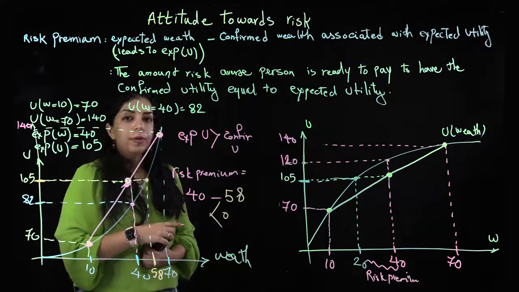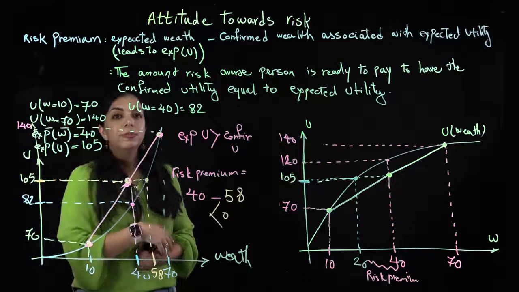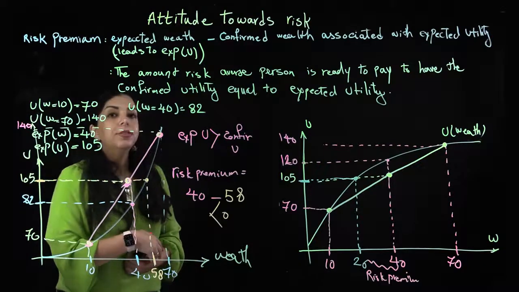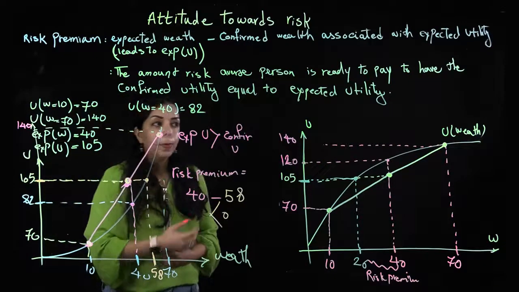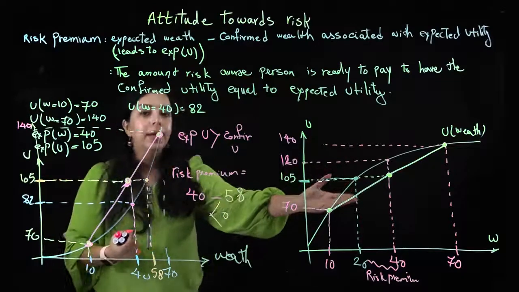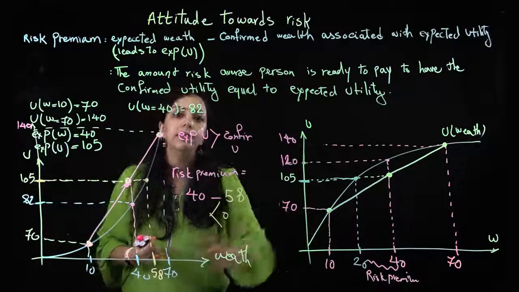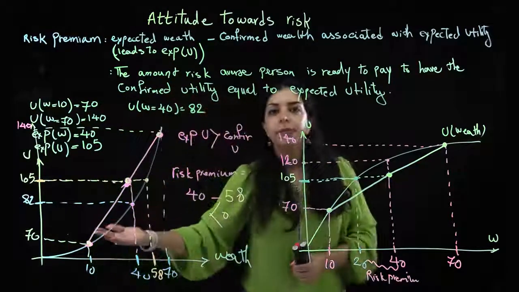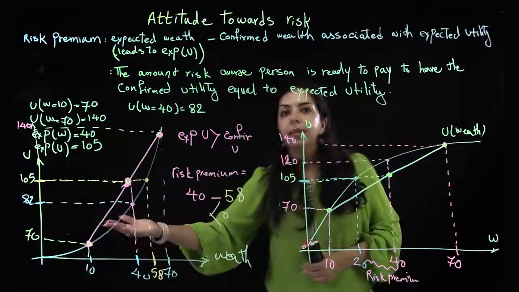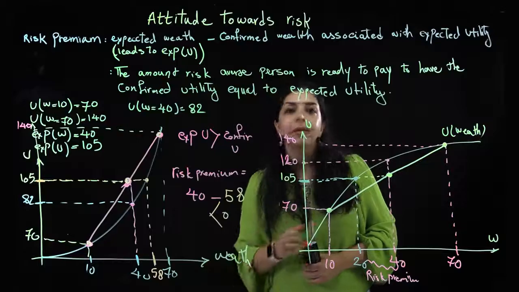Once more, for the risk neutral person, the utility shape is a straight line and the risk premium is equal to 0. For the risk averse person, the utility curve is concave to the origin and the risk premium is positive. For the risk lover person, the utility curve is convex to the origin and the risk premium is negative.